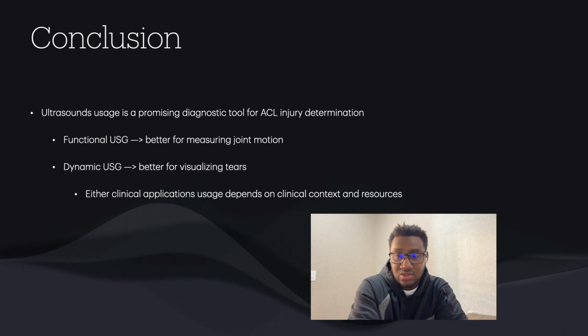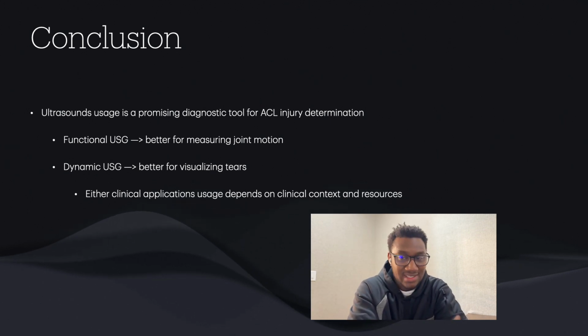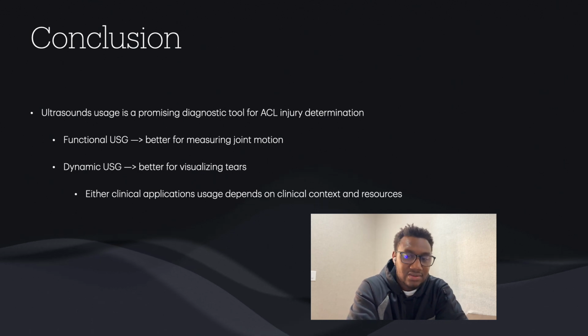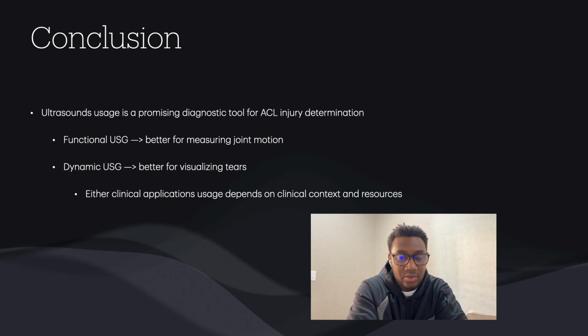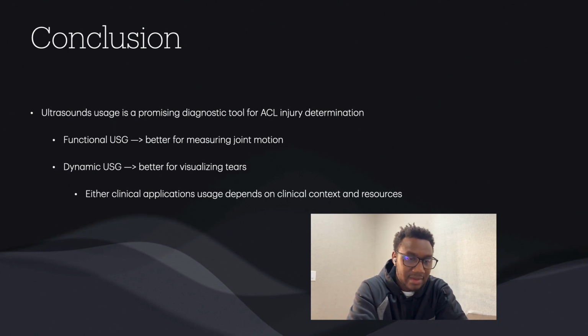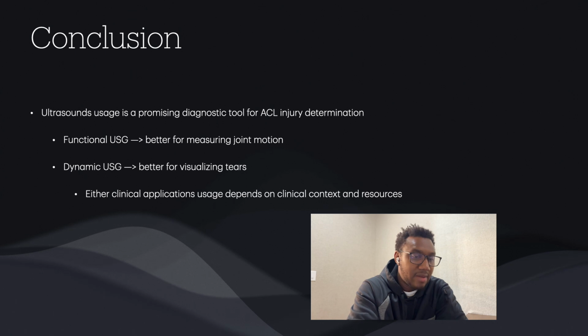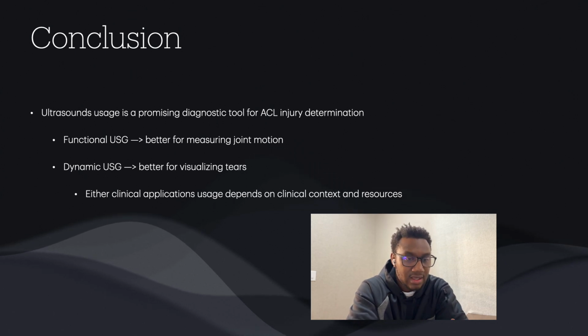So in conclusion, ultrasound is a viable tool, as I mentioned, in ACL injury diagnostics, but again, the choice between functional and dynamic approaches depends on the clinical context and overall available resources. As you can see in the slide, functional ultrasounds are better for measuring joint motion, while dynamic is much better for visualizing the tear altogether.